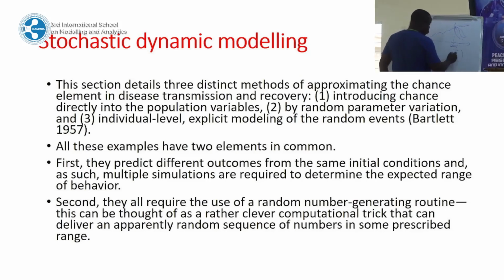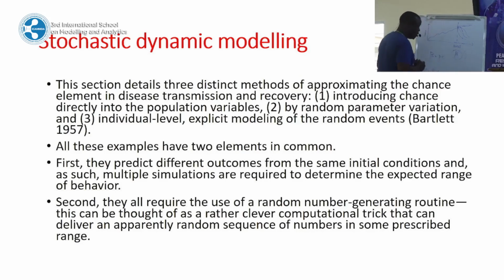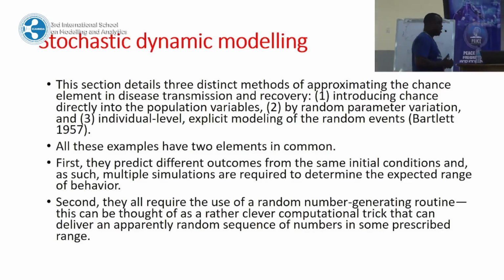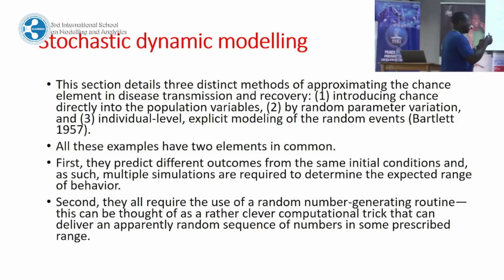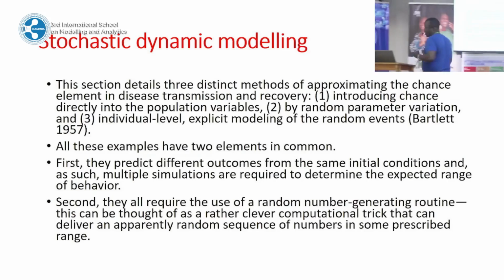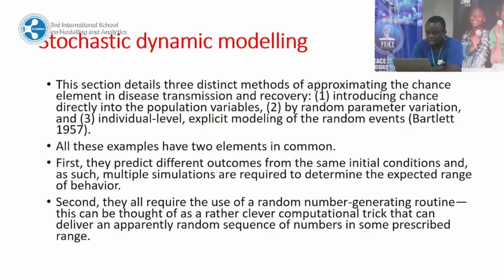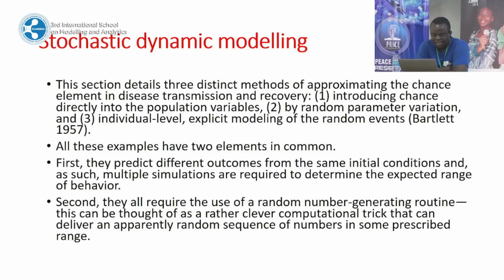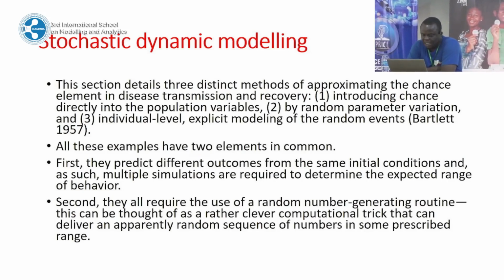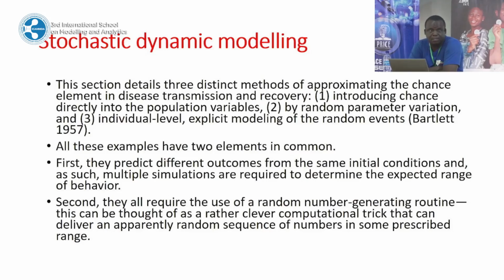You can put a stochastic variable into this beta, and then you subject it to stochasticity, because you find out that it's influenced by some noise. Now, another aspect is individual level explicit modeling of the random events.